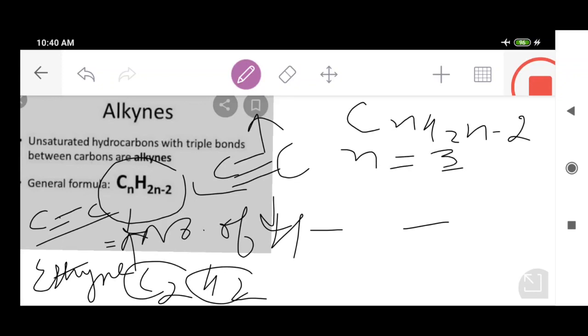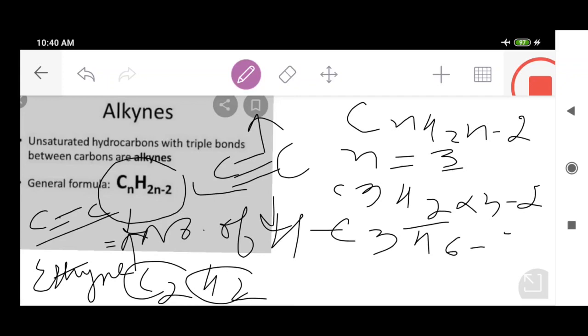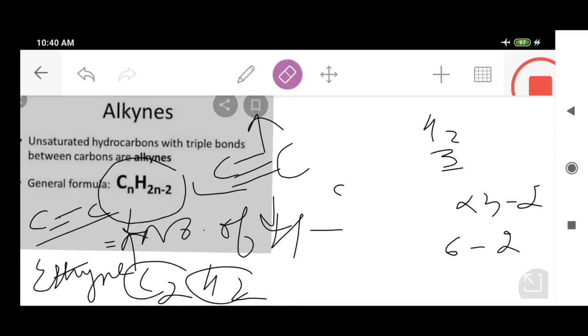That means if an alkyne has 3 carbon atoms in its molecule, then n equals 3, and its molecular formula will be C3H2 into 3 minus 2, that equals C3H2, 3 twos are 6 minus 2, that equals C3H4. This is called propyne. So the second member is called propyne.